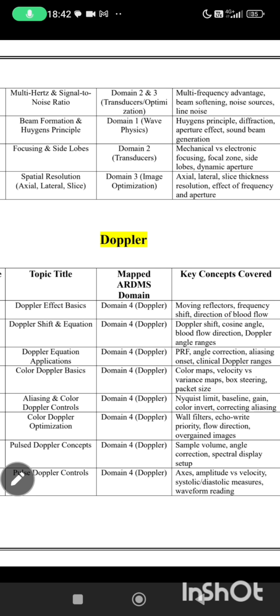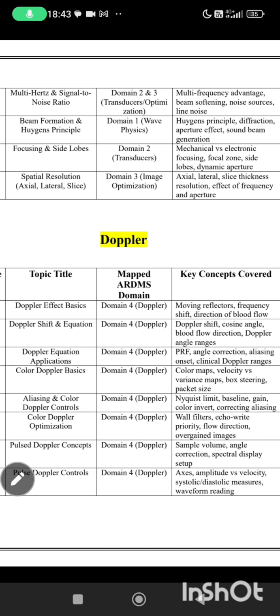How? Because it is audible. And how does it become audible? Because it's receive minus transmit. It's a change in frequency. So what will be the unit of the Doppler shift? Kilohertz. Yes, because it is in the audible range.